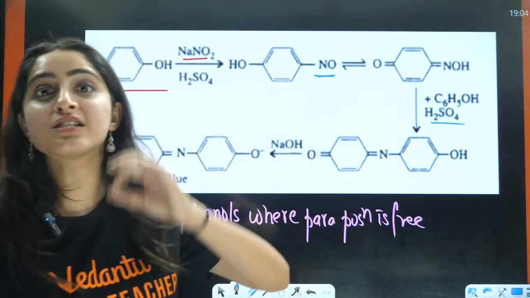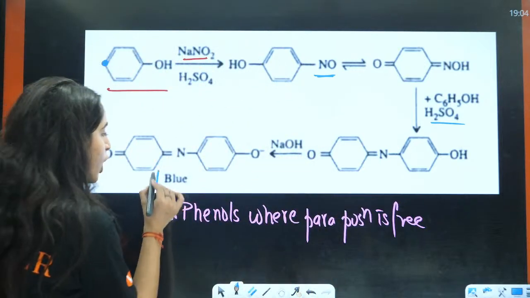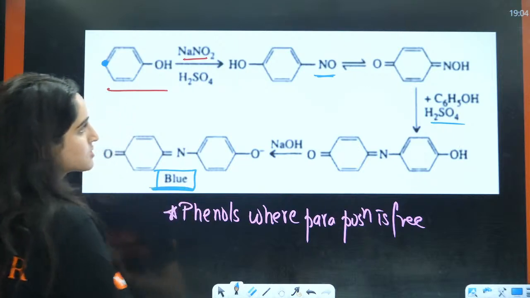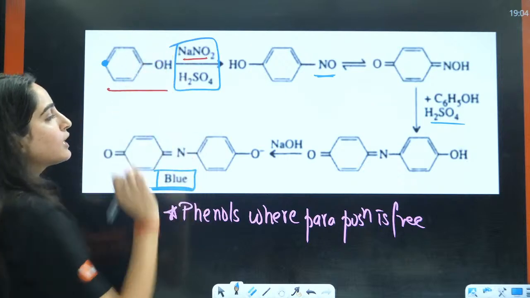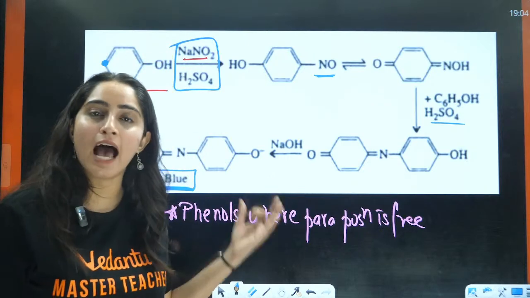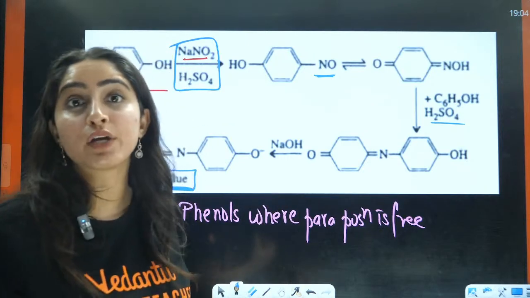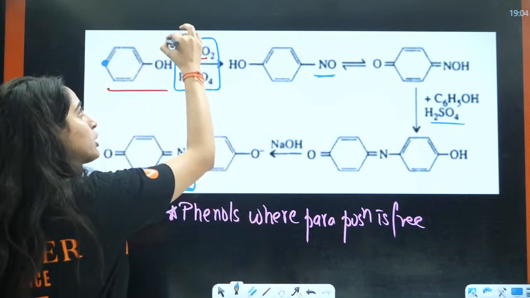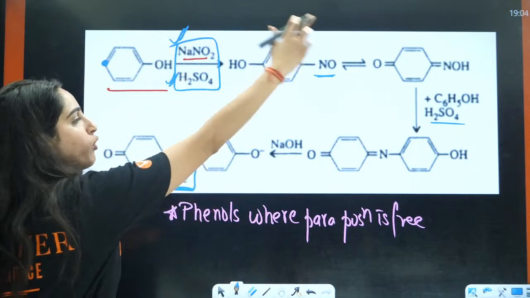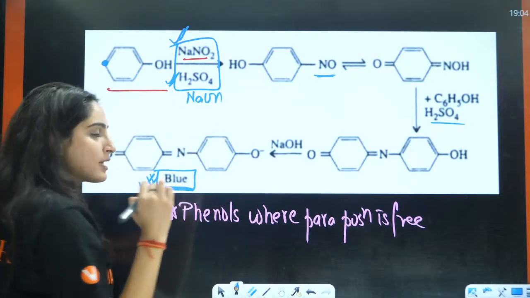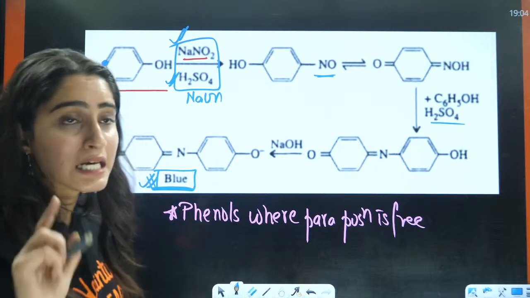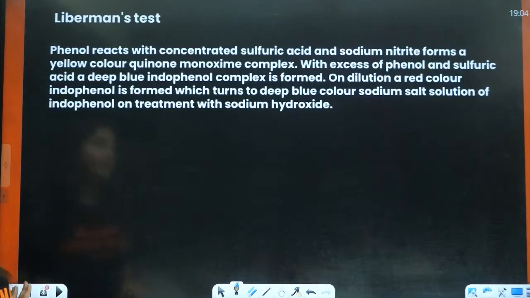In Lieberman's test, if a blue color appears on adding NaNO2 and H2SO4, then you can say that it is having a phenolic group. By adding NaNO2, H2SO4 and NaOH, if a blue color appears, then yes, phenol is present, right? That is called Lieberman's test.